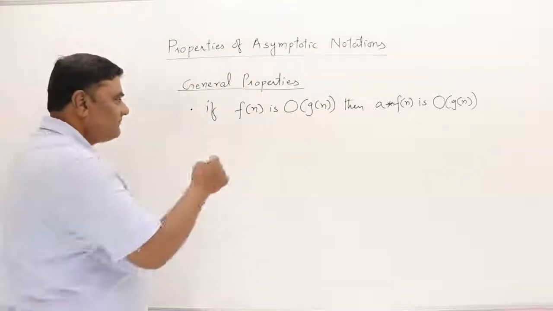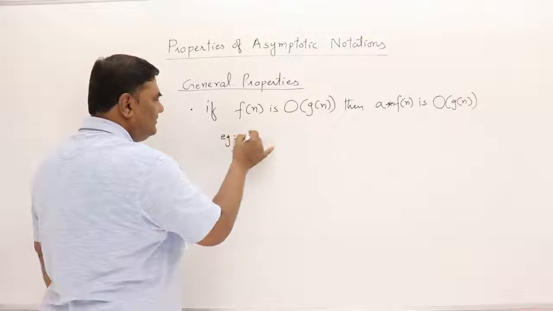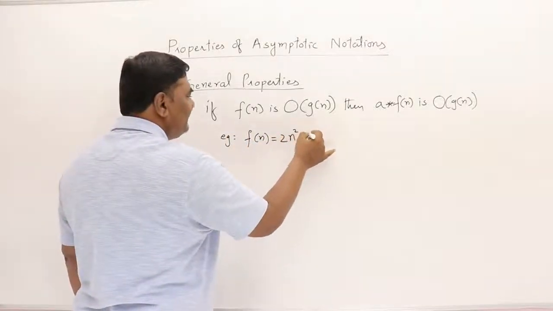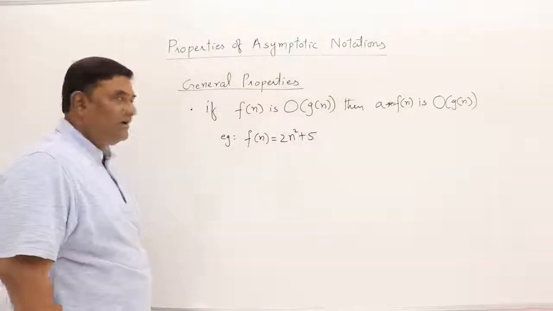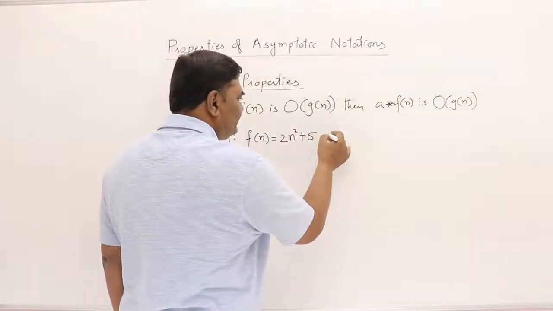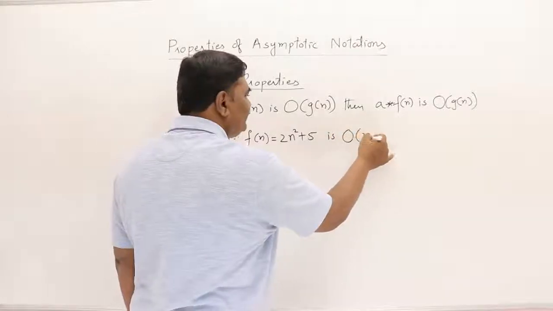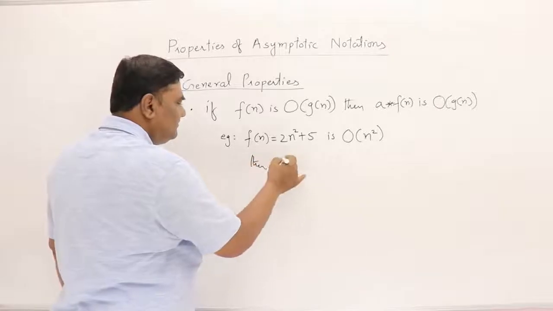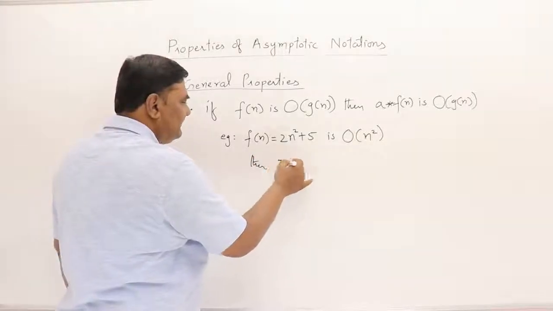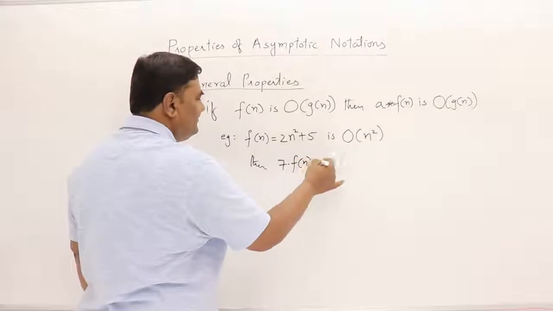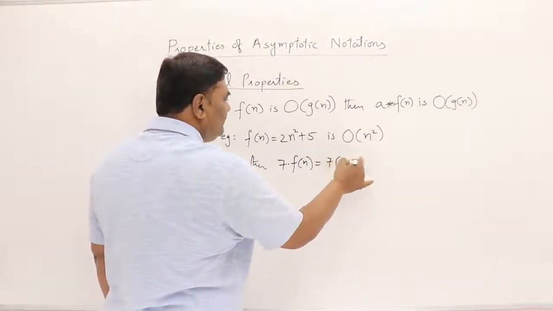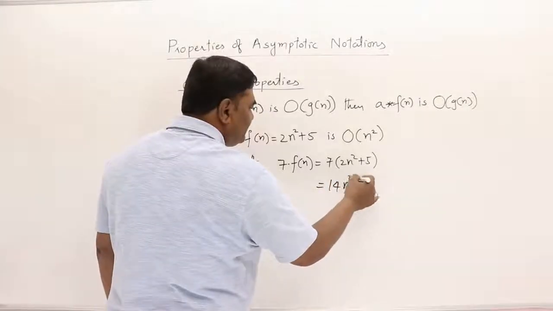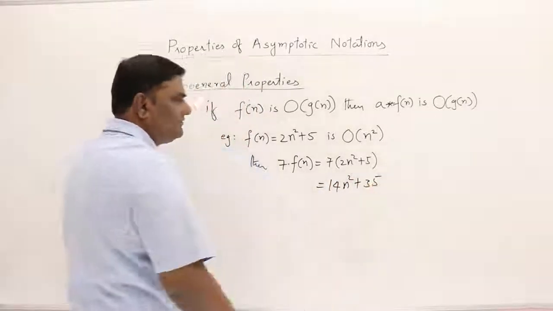This means, for example, f of n is 2n square plus 5, and if I say this is big O of n square, then 7 into f of n will be 7 into 2n square plus 5, that's 14n square plus 35.